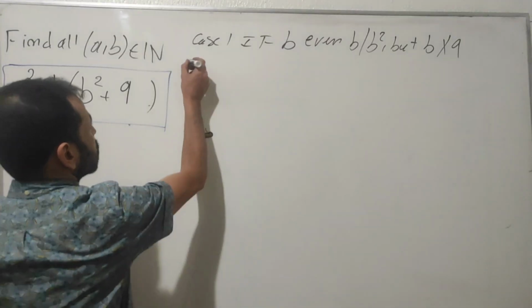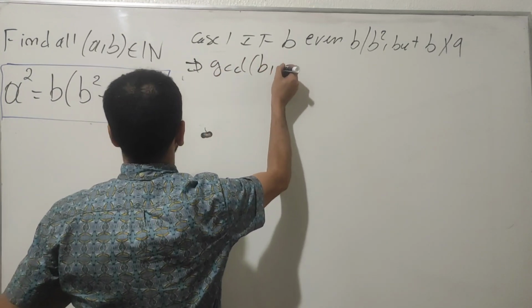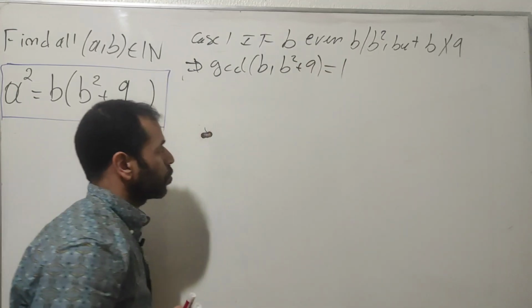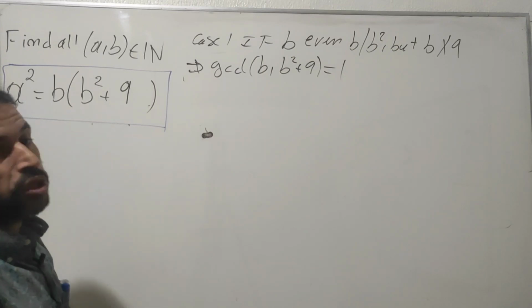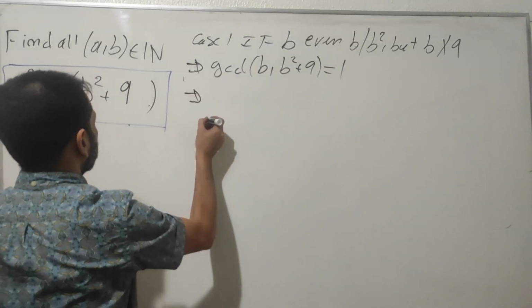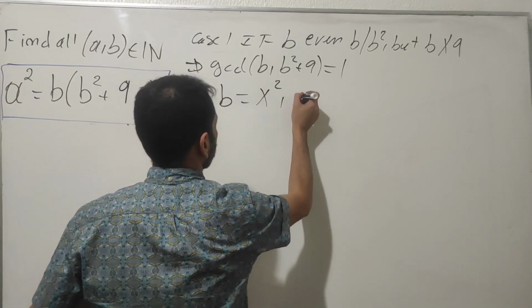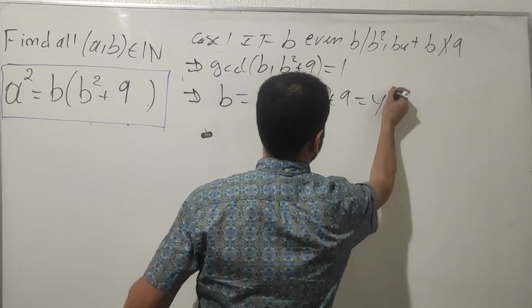So this immediately tells us the GCD of b and b squared plus 9 is 1. If the GCD equals 1, each term of the product is a perfect square. Thus we get b equals x squared, a perfect square. Also b squared plus 9 is a perfect square.